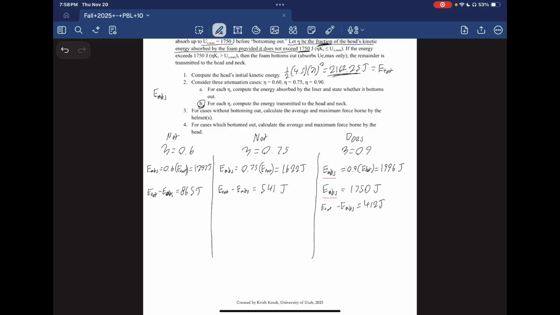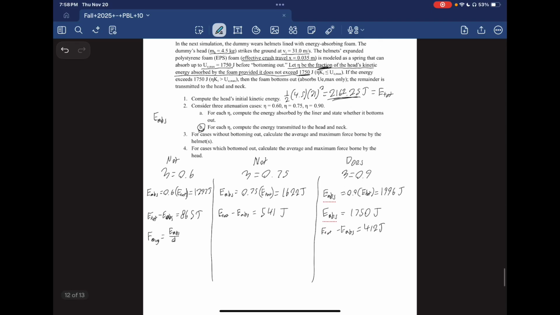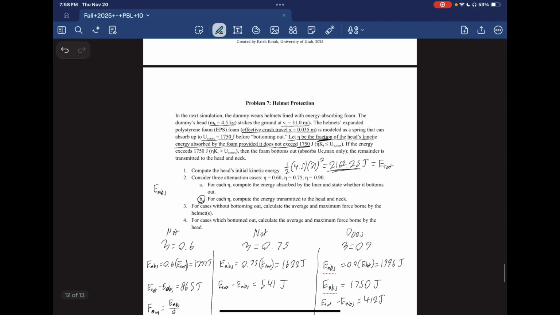Okay, now cases without bottoming out, so just cases 1 and 2, calculate the average and maximum force borne by the helmets. So in this case, for average force, we'll do that first. Force average is going to equal the energy absorbed divided by the distance.